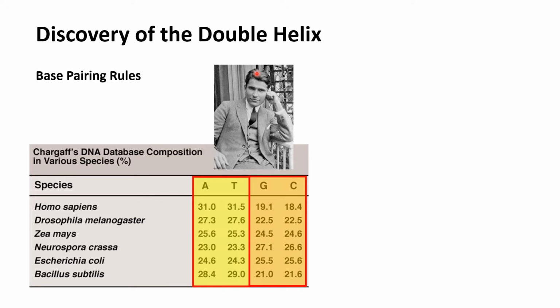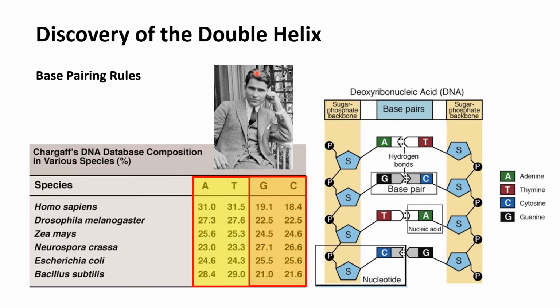Notice also the percentage of guanine always tended to equal the percentage of cytosine. This led him to theorize that the adenine and thymine must be linked together in the double-stranded matrix of a DNA molecule. In other words, adenine must always be paired with thymine, and guanine must always be paired with cytosine.